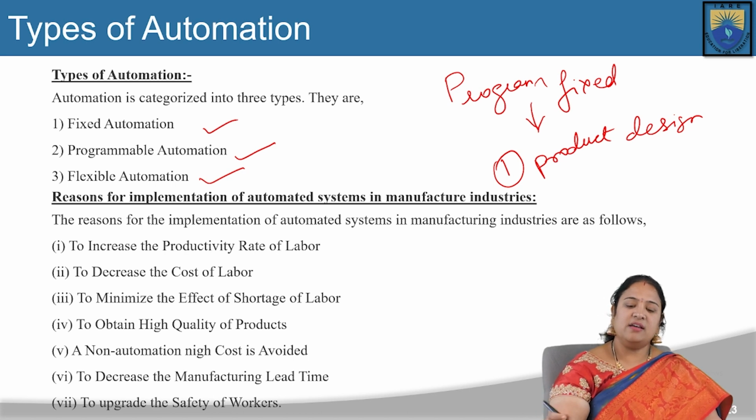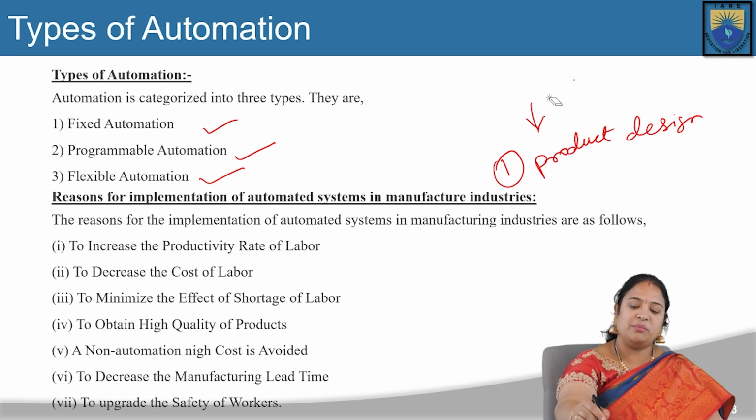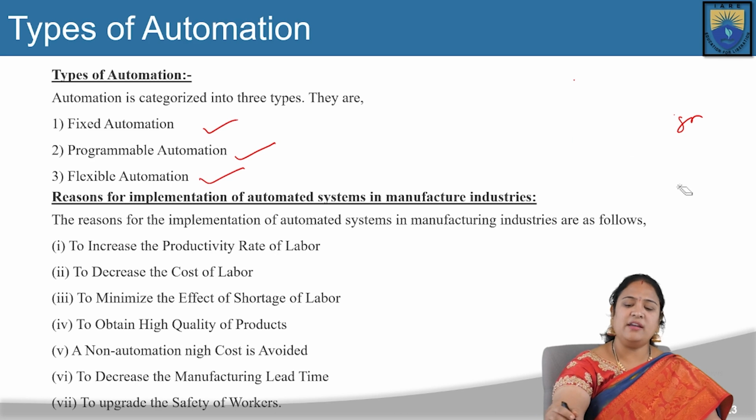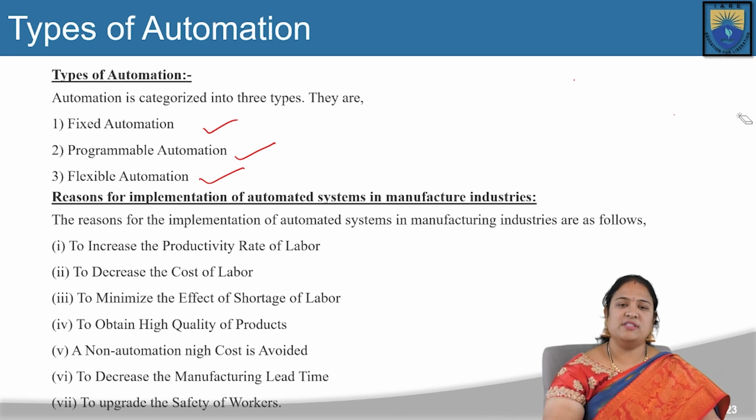Clear? Here in this particular fixed automation system, the sequence of the design process is done in a fixed manner, where the output which we are getting will be in only one production design, right? That is the fixed automation system.